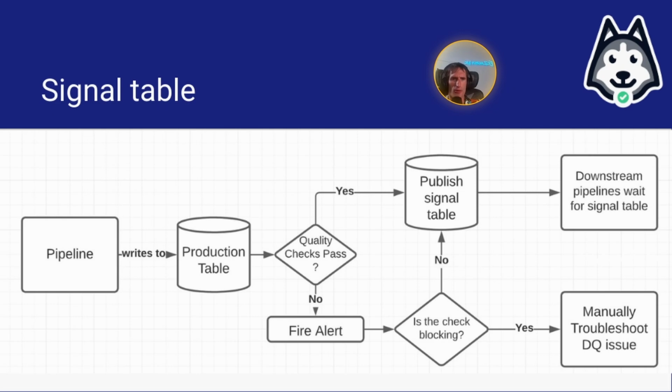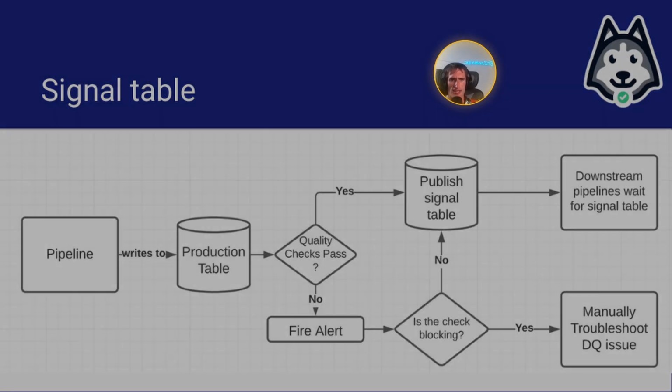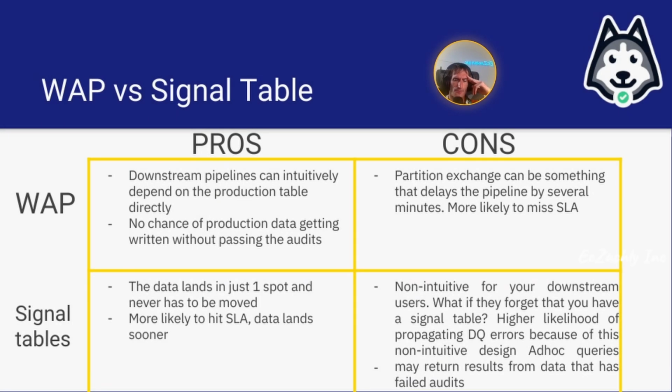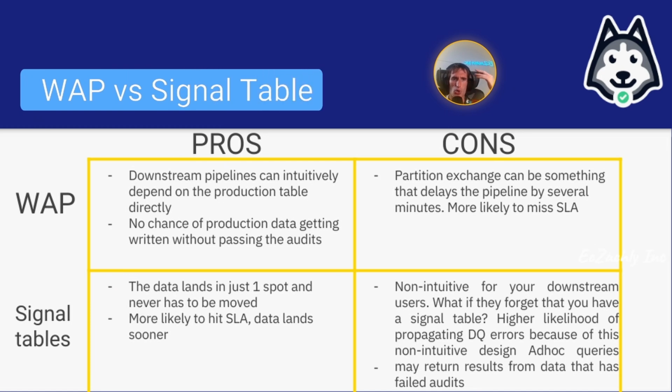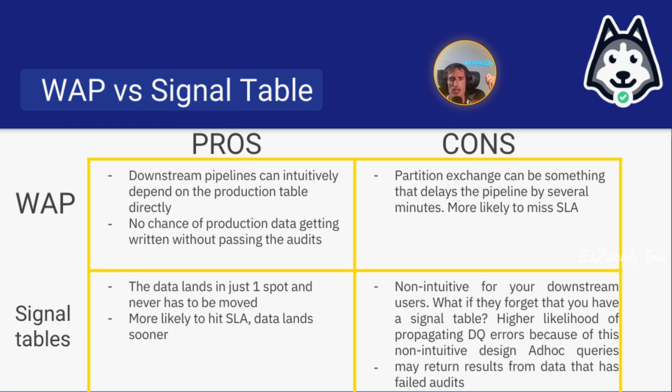So let's talk a little bit more about the pros and cons of each side of this contract. With write-audit-publish, one of my absolute favorite parts is there's no chance that data in production gets there without passing your quality checks. It has to pass the audit step to show up in production, which is beautiful.